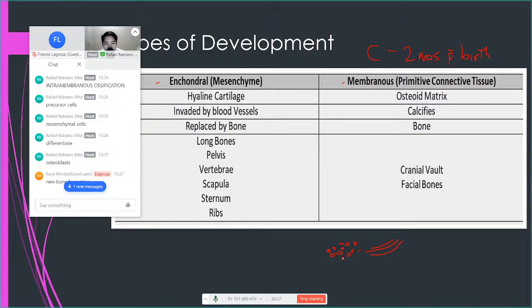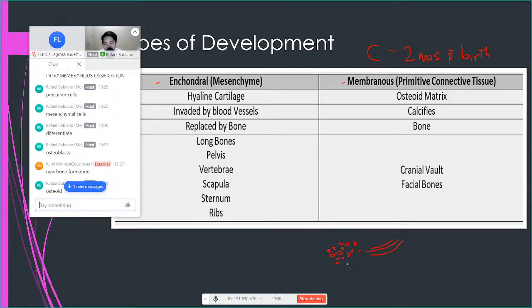Now these osteoblasts will secrete this material or substance called osteoid. Just imagine what they secrete, the dots, osteoid. Now, osteoid is unmineralized bone.